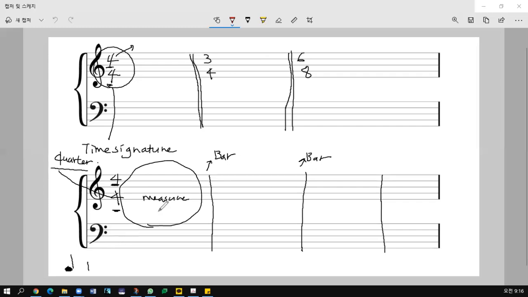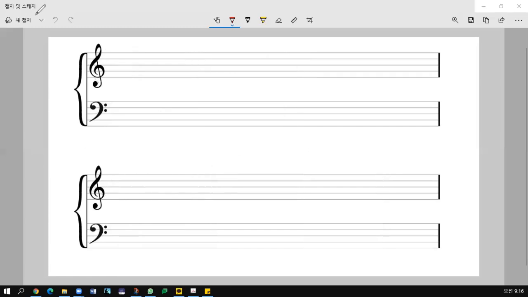Okay, so for example, 4/4, let me erase everything. For example, 4/4, we have 1, 2, 3, 4 bars, so we have 5 measures. And then when your song ends, we have a double bar, right?